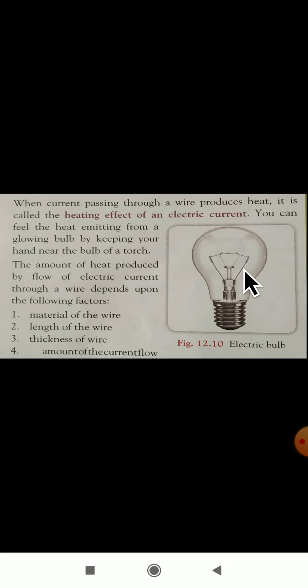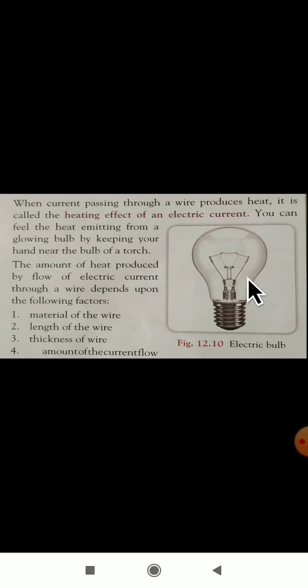Then how are we getting the light? When current flows through the filament. If this filament cuts, then the bulb will not glow. So when the current flows through the filament, the bulb will glow and give us light. The filament of the bulb glows because it gets heated up and becomes red hot on flow of current through it. What is the process behind that?